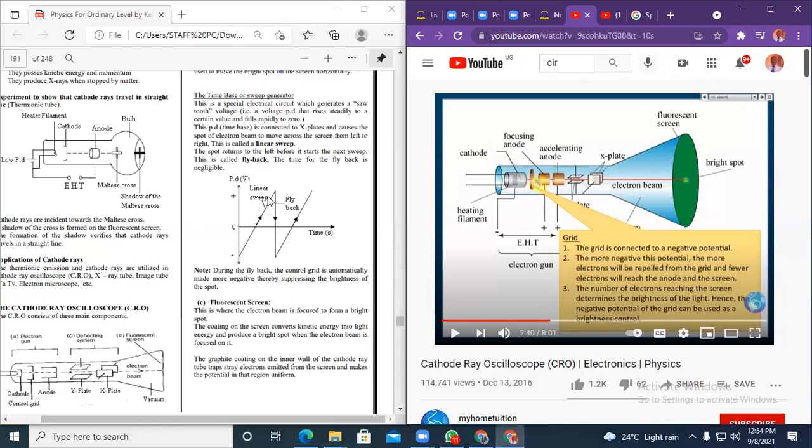It rises steadily. You can see it is not a curve, it is just a straight line. So the voltage will rise from this point to that point steadily, and then falls rapidly, in the shortest time.